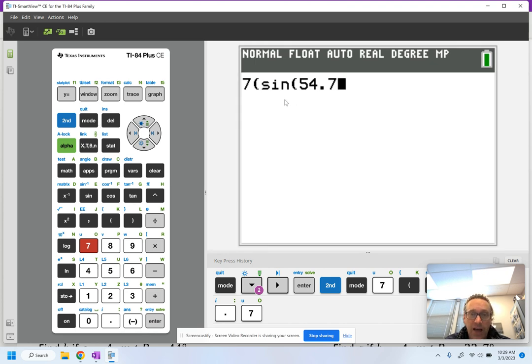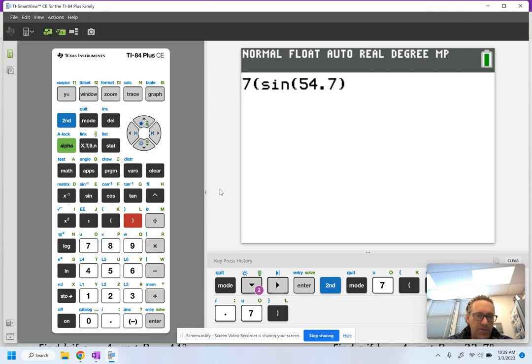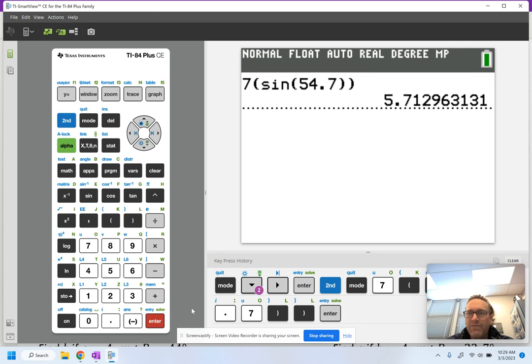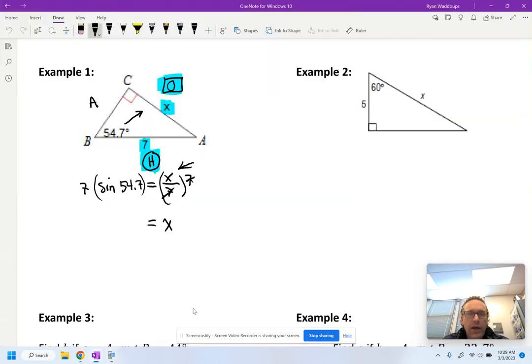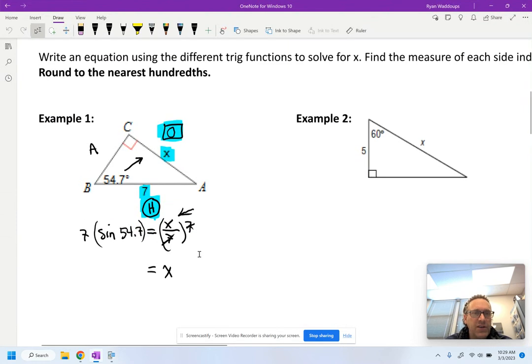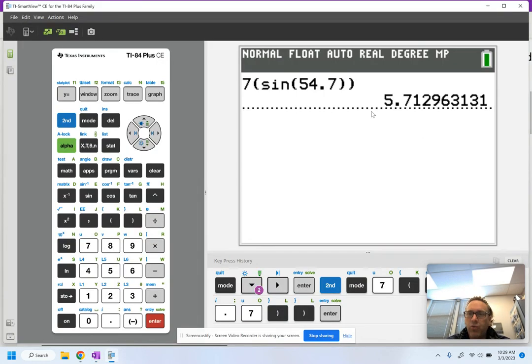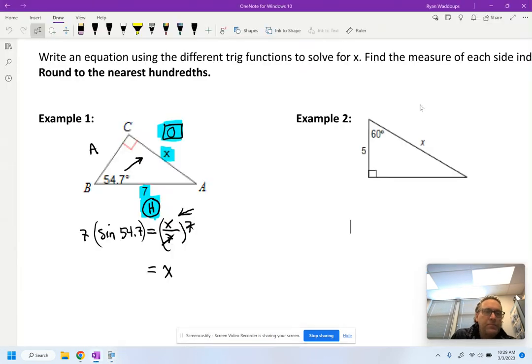It's now going to read whatever follows the sine, the cosine, and the tangent in degrees. So close that for the angle, and then I'm going to close it for the whole thing being multiplied by 7. And it's really not necessary. If I hit enter here, it says that's 5.7, and we're supposed to find this to the nearest hundredths. And so that's 5.71. The 2 that follows means I'm going to round it off to 5.71.